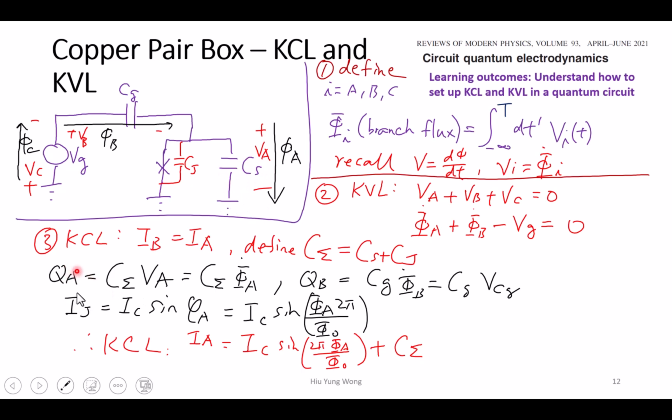But the charge is QA, so it is the time derivative of the charge on this capacitor. Both capacitors, so that is the summation. So it is equal to flux A time derivative.